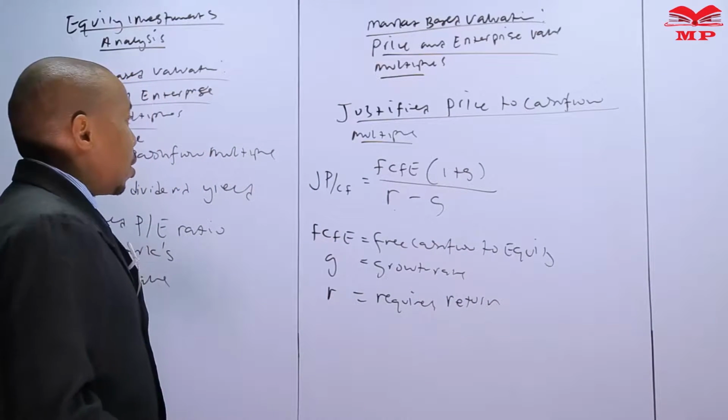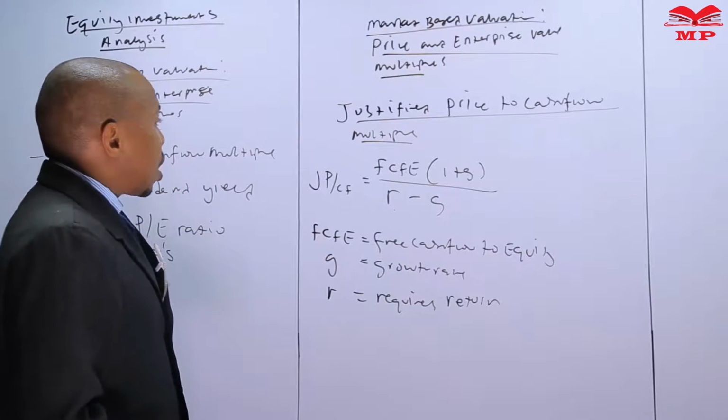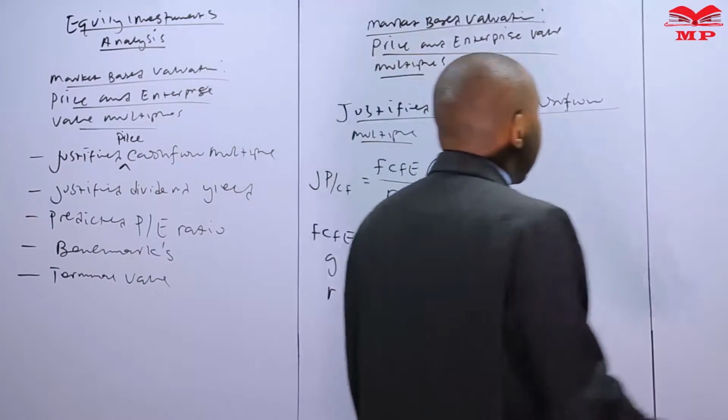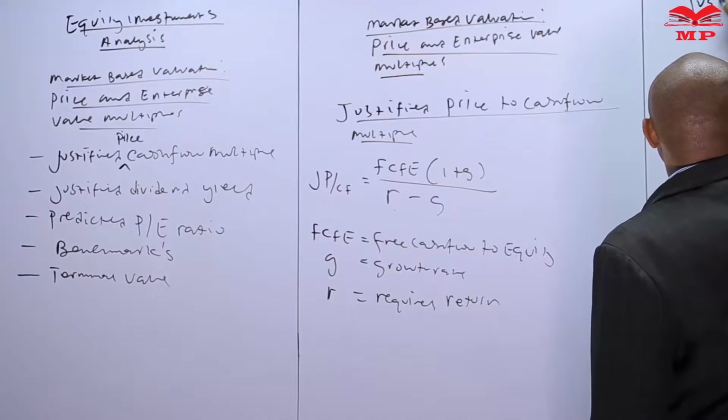Having looked at the justified price to cash flow multiple, we look at the justified dividend yield.